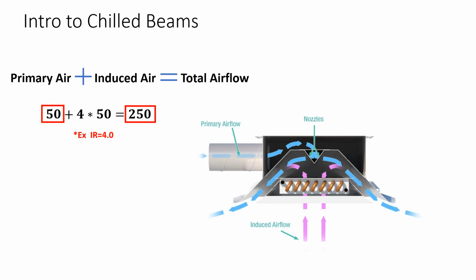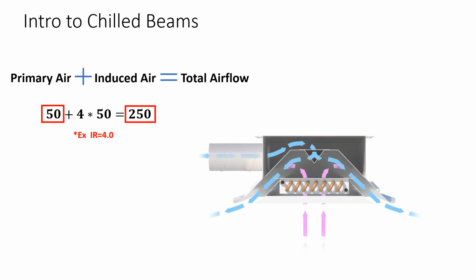So again, you're pressurizing that plenum, usually around 0.5 to 0.8 inches of water column, and it's pushing the air through the nozzle plates.